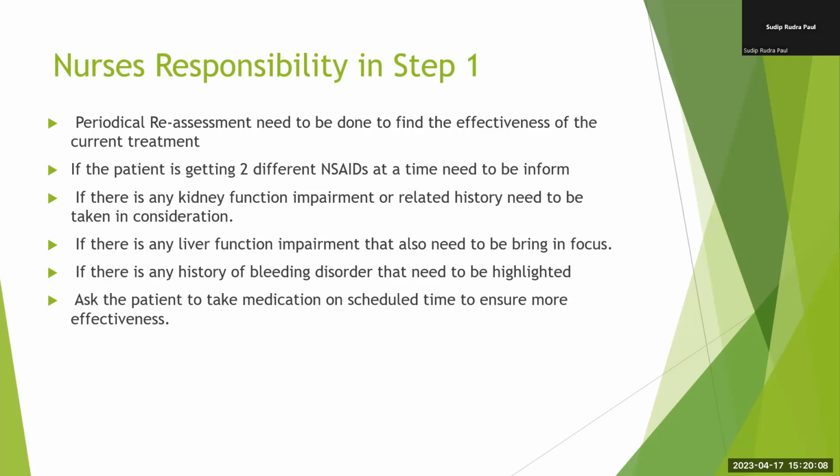If not, then they should use them with special precautions, like a low dose. If there is any history of bleeding disorder, as I have already explained, they should not go for NSAID administration to the patient. These are things we have to inform the on-duty doctor.